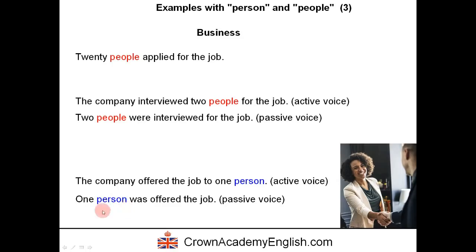Singular because we are talking about a singular person. One person was offered the job. Okay? So that's the difference between person and people. Person is singular and people is the plural form. It is an irregular plural.